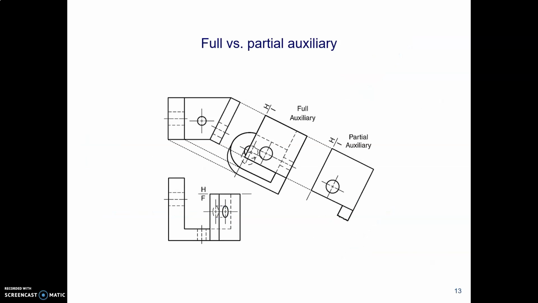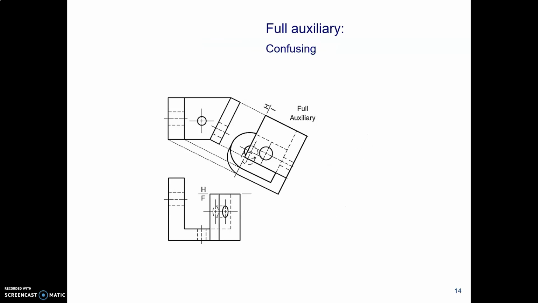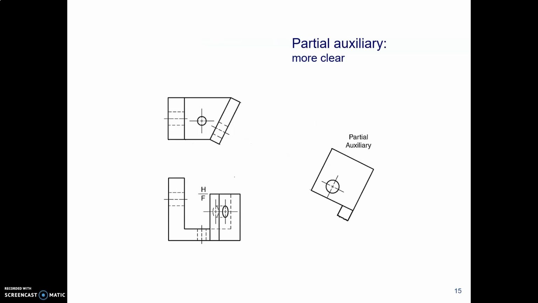Here's an example you might remember from last year. Here's a funny looking part and a full auxiliary view in the middle, and you notice that is just not helpful. It has too much going on and it doesn't really communicate what it intends to communicate. Confusing.